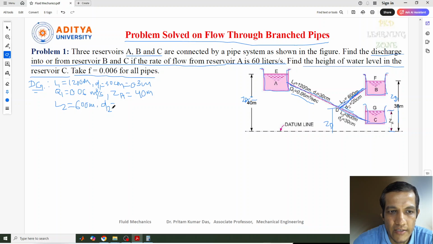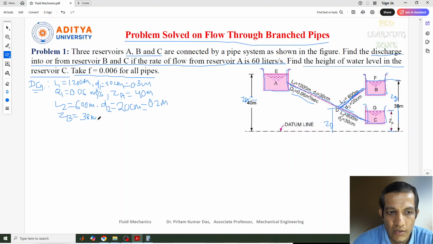The diameter D2 is already given actually, so simply we can copy that value from there and write it, 0.2 meter. And here also, the Z, the distance from the datum line to the reservoir surface level up to here, that is ZB. This is 38 meter.